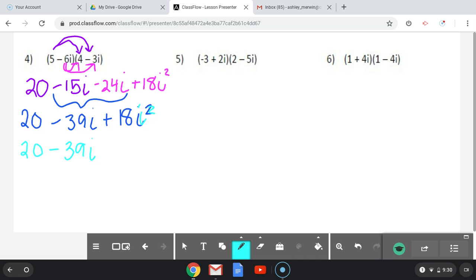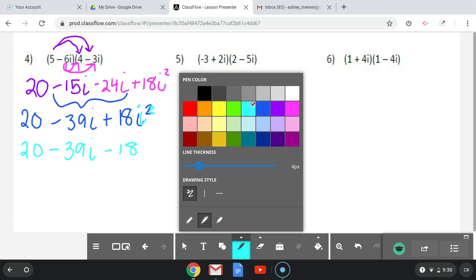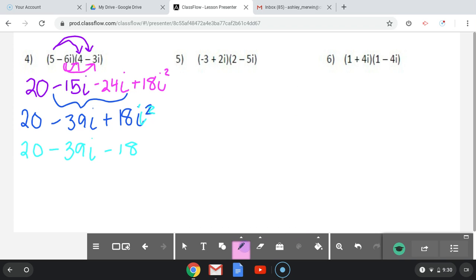And that's going to make positive 18 negative 18. And on these, your last step is to combine those real parts. And I'll get 2 minus 39i. Okay, so a lot more steps, but nothing you can't handle.